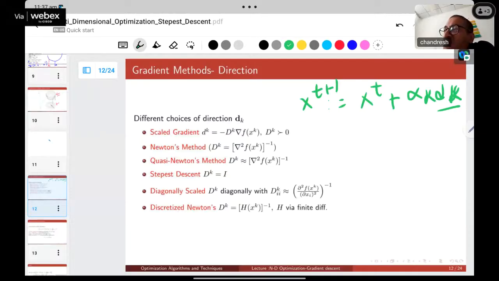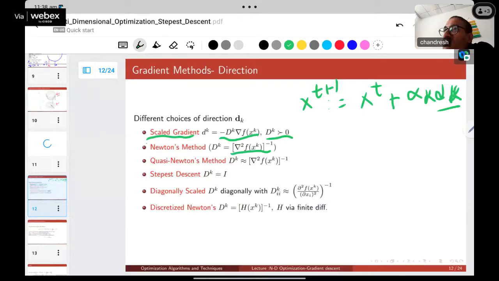So what people have done, innovations: somebody said, let us set d_k like this, involving the Hessian matrix, Hessian times the gradient. Then this is called the scaled gradient descent method. But in Newton's method, we set this direction d_k using the inverse of the Hessian.